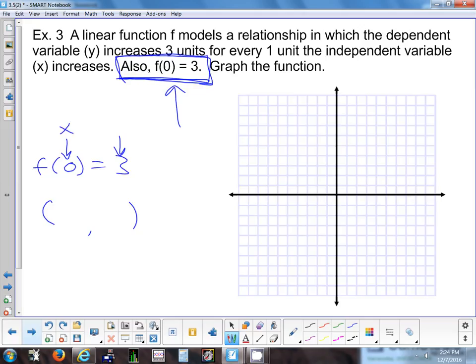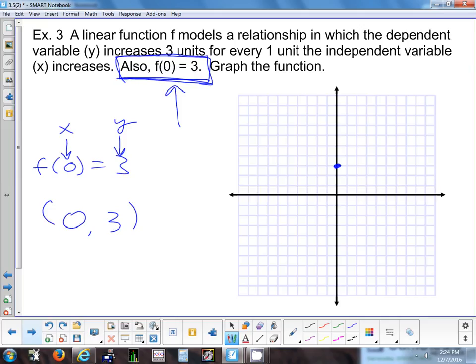And what about the 3? That's the y. So what this is telling me is the y-intercept. And we've done that before: 0, 3. That's what your paper says. The y-intercept is 3. I'm going to write it like this on the test. So graph your y-intercept, up 3.